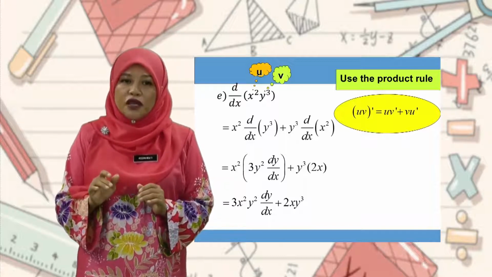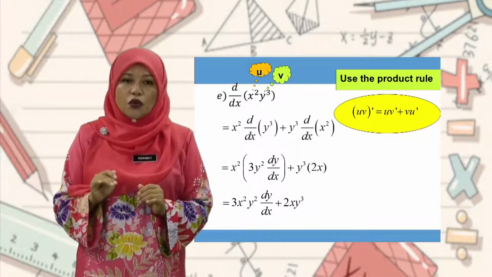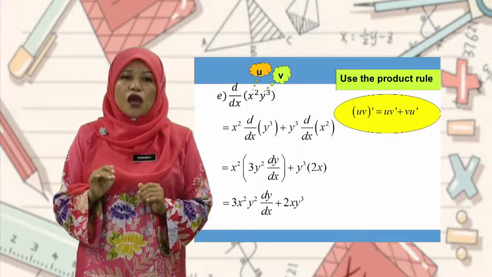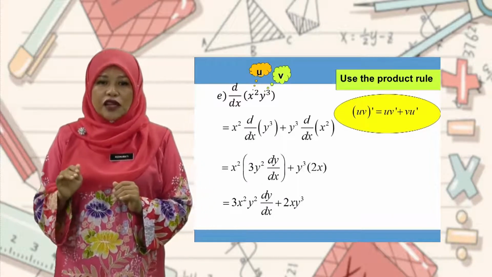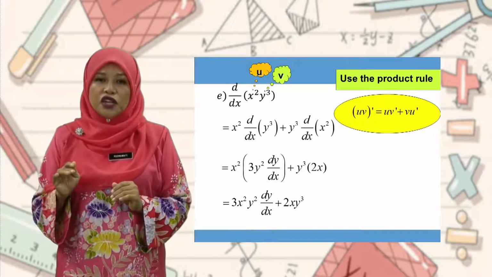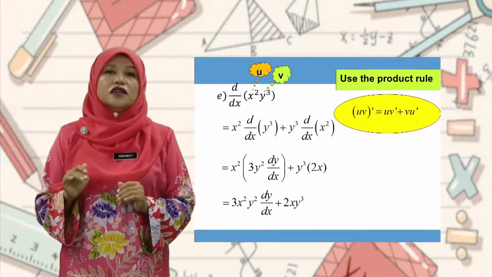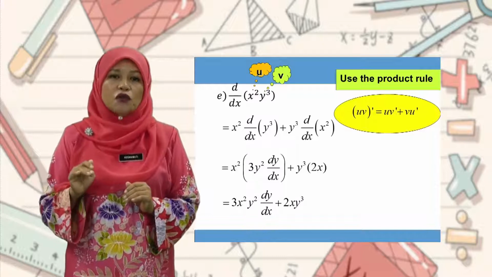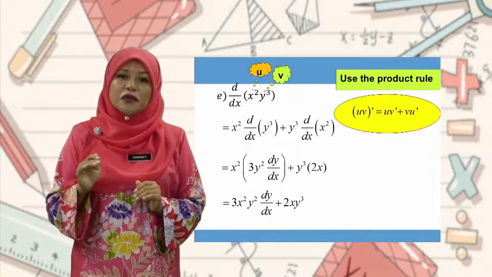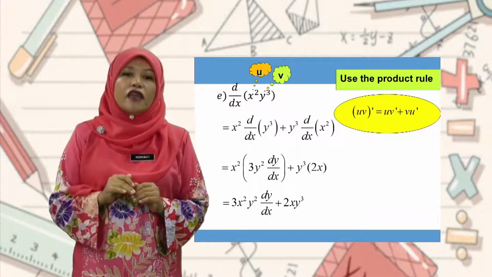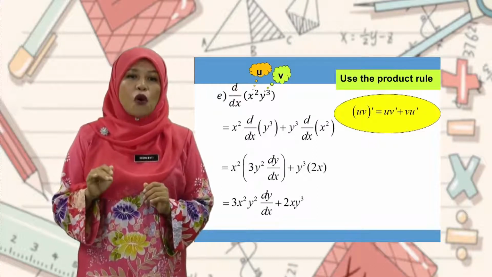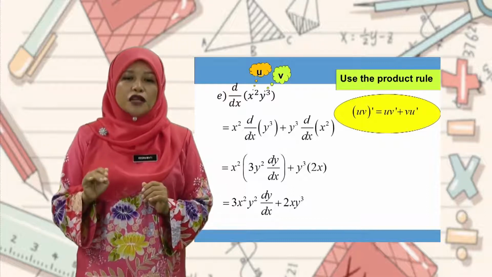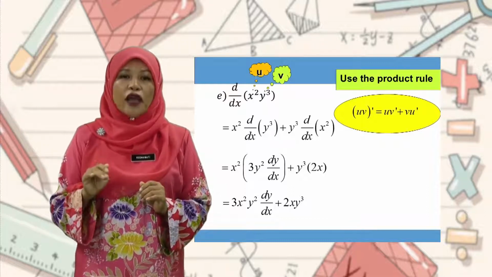So the first term here, we're going to have x squared multiplied with 3y squared dy dx. And for the second term, we need to differentiate the x squared. The differentiation of x squared will be 2x. So we multiply with the y cubed. Then the final answer will be 3x squared y squared dy dx plus 2xy cubed.